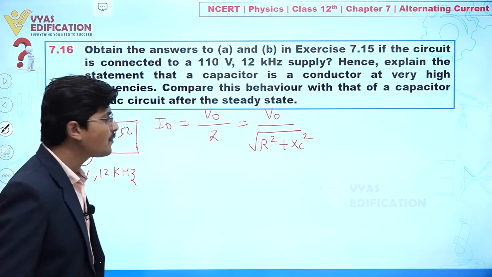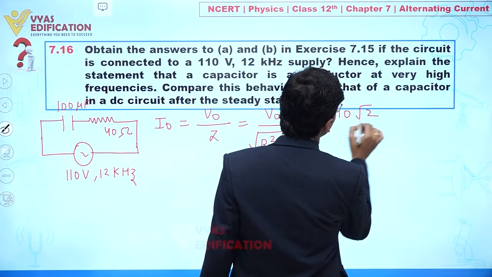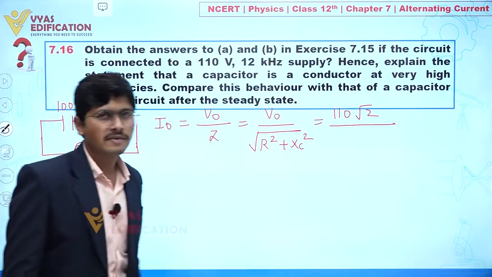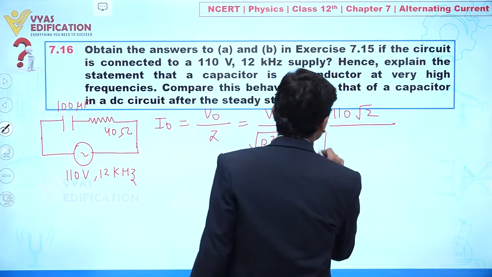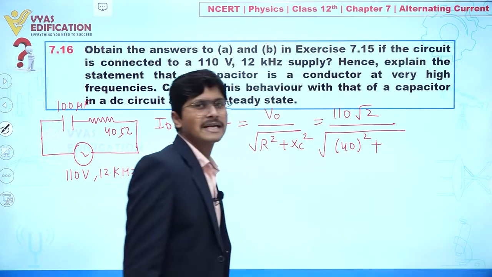The value of V naught is 110 multiplied by root 2, divided by the square root of R square, that is 40 square, plus XC.